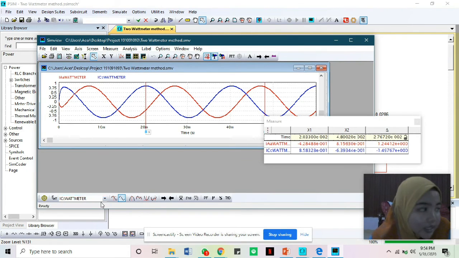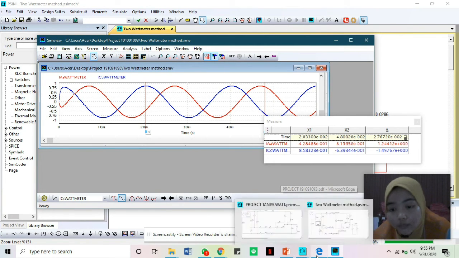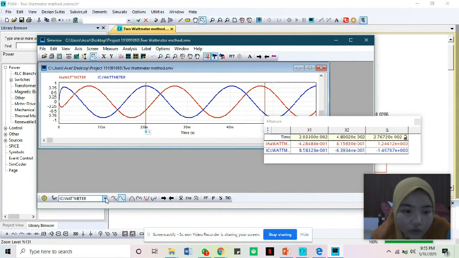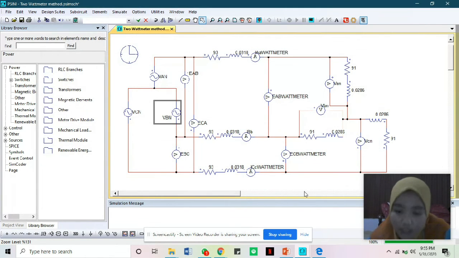For the ICC wattmeter we will get 8.5832, which is the same as ICC without wattmeter. It's the same as the line current, and also the same as the IA wattmeter, and I already showed my calculation in my report. 8.58328. Okay, that's all for the simulation.